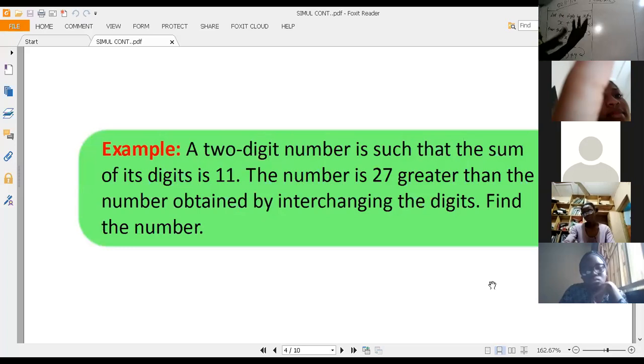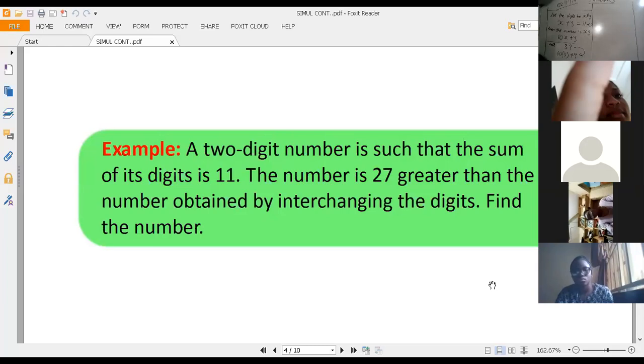The number is equal to 27 plus the number when you interchange it.